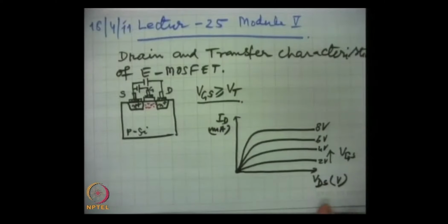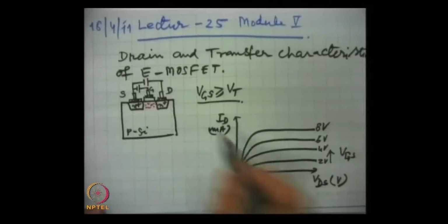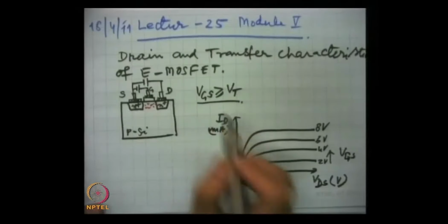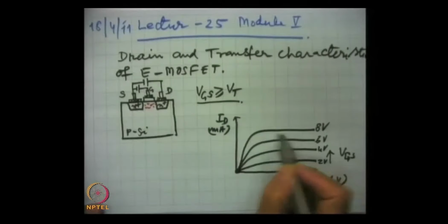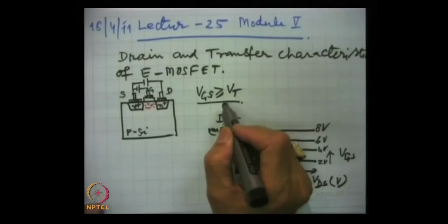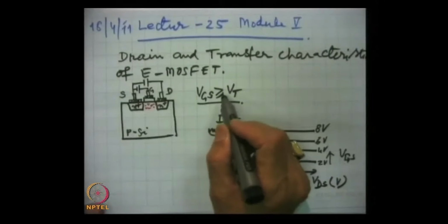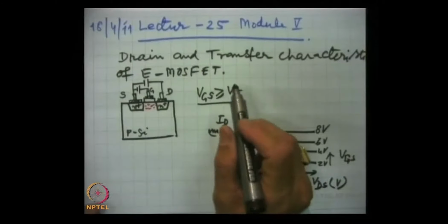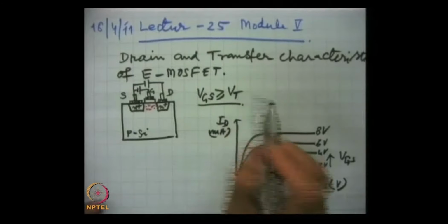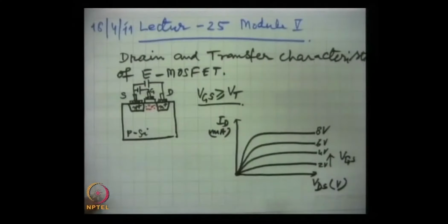These are the drain characteristics, as we call, for the E-MOSFET. And these currents, as we have talked earlier, the drain current exists only when gate source voltage is equal to or greater than the threshold voltage required for the channel creation.